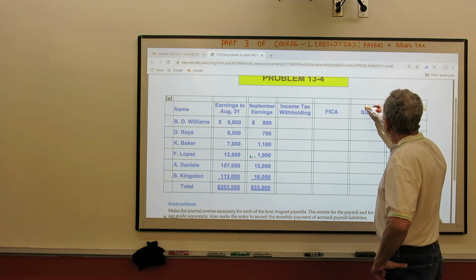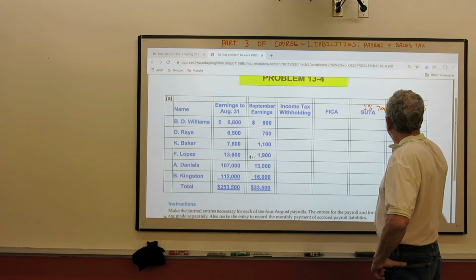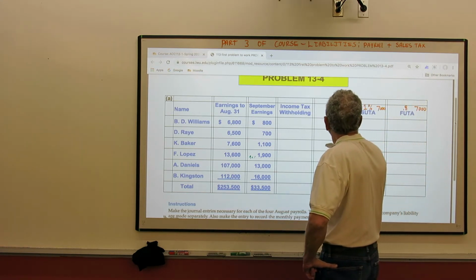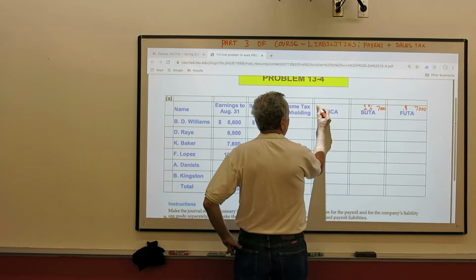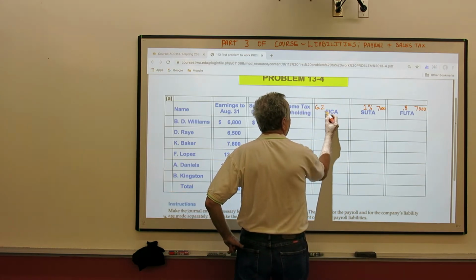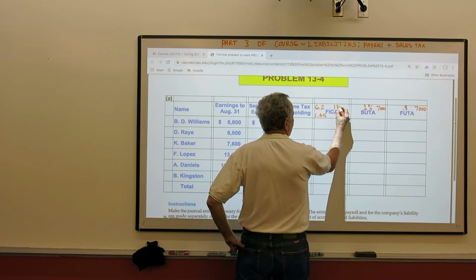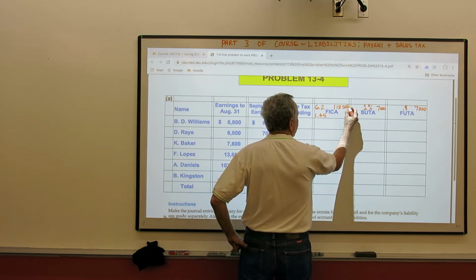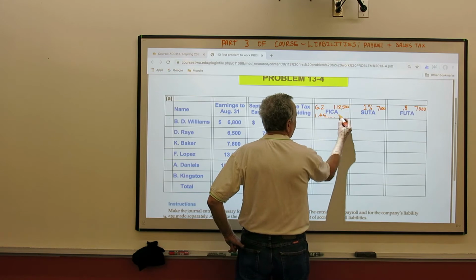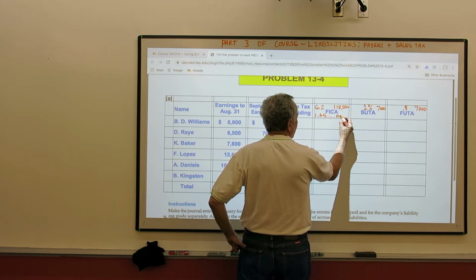SUTA, I thought he said was 1%, didn't he? Oh boy, now I can't remember. 1%, and it was on $7,000 max. The FICA tax had 6.2% in it, and it also had 1.45% in it, and it was on the first $118,500, but on this one, there was no limit.